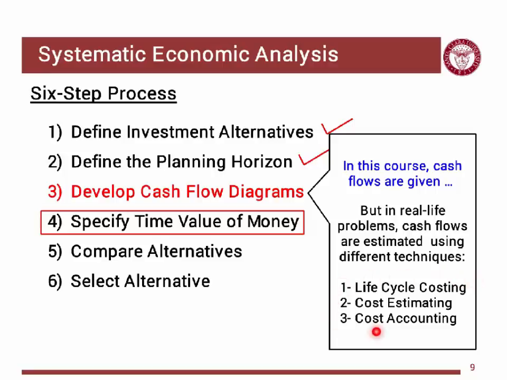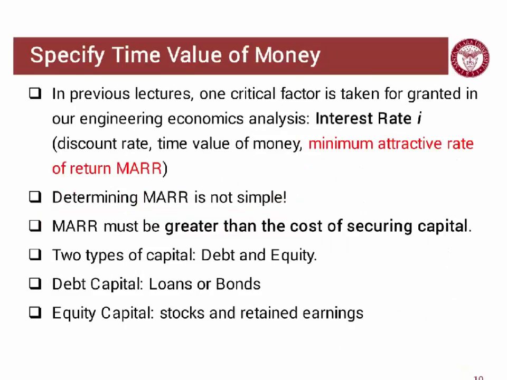There are different techniques used: cost accounting, estimating, and life cycle costing. We'll not cover that in the class. There are whole classes covering just life cycle costing. Here in the course, problems give you the cash flows already. So that step is just part of the process, except maybe for the group project that you work on.